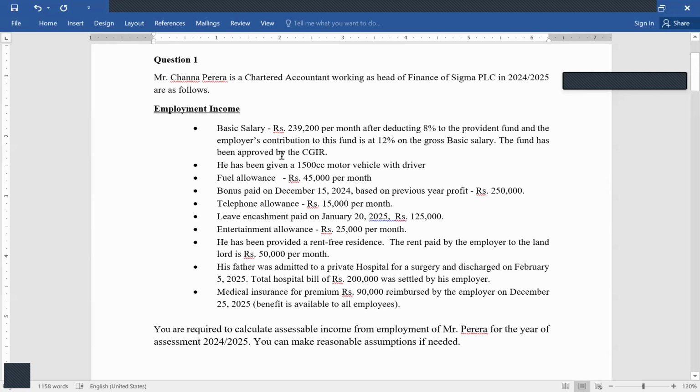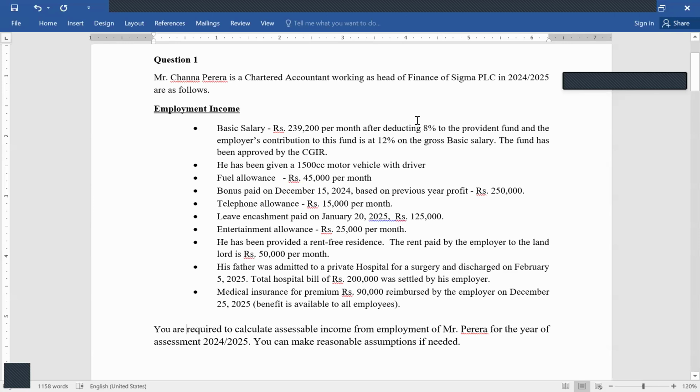So first of all, I will explain how to do it. And after that, I will show you the answer sheet. So for the inclusion of this kind of things in the answer sheet, first of all, you should have a table. It should have 4 columns. First column is for the description. The second column is for the income.